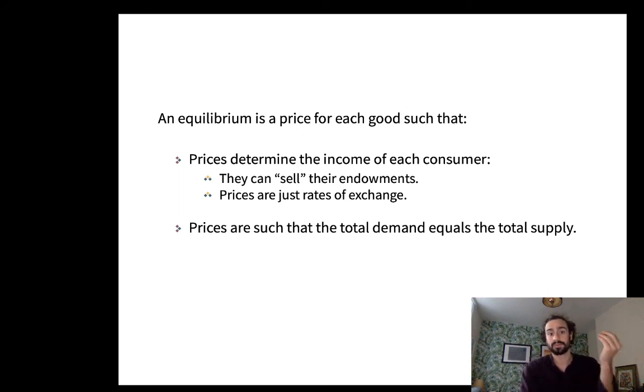Again, an equilibrium is a price which requires that demand is equal to supply, right? So it's the same as the partial equilibrium. The only difference is now the income of the consumer is determined by some endowment rather than by some just notion of price, notion of income. And two, we're looking at the price in every market at the same time.